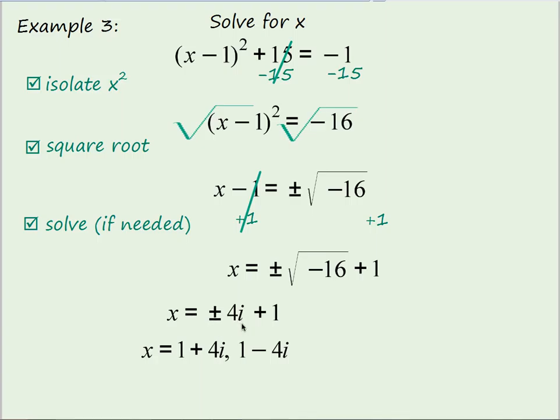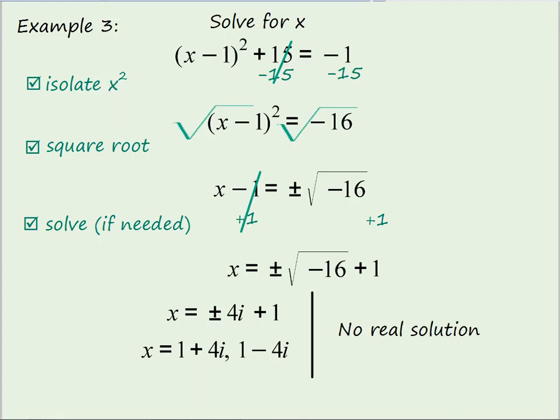We can go back and review that in class if we need to. And then I have to put the plus 1 on the end. Seeing as how this is two different 4i's, one positive, one negative, remember our complex numbers? I have 1 plus 4i and I have 1 minus 4i.